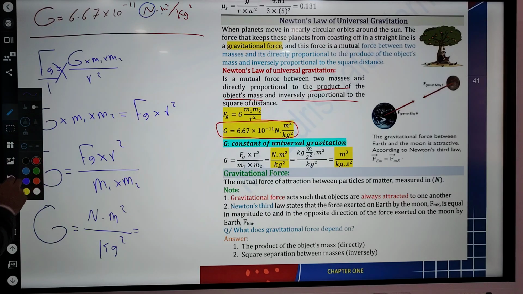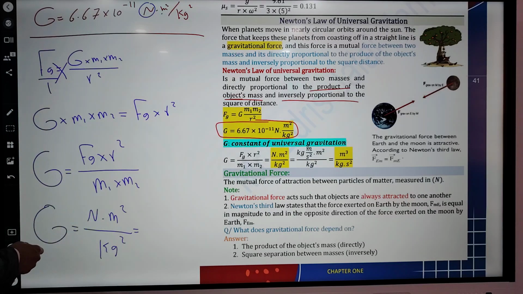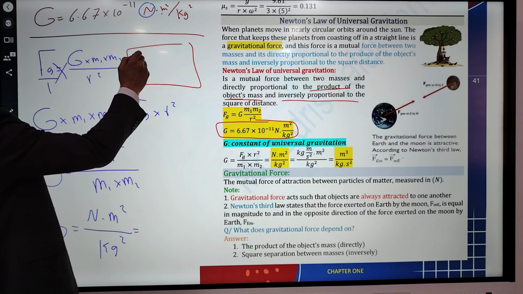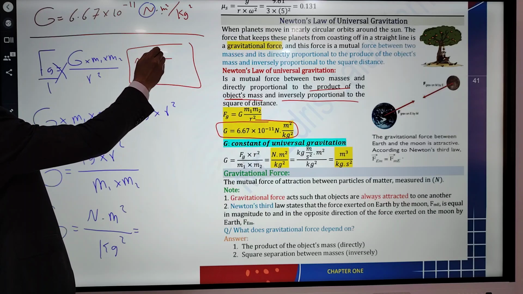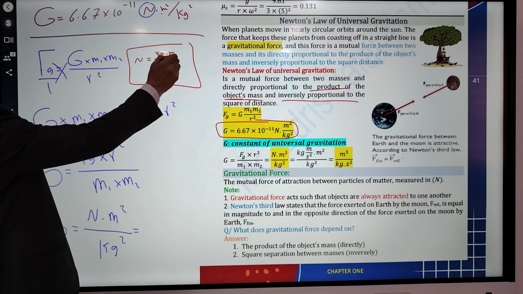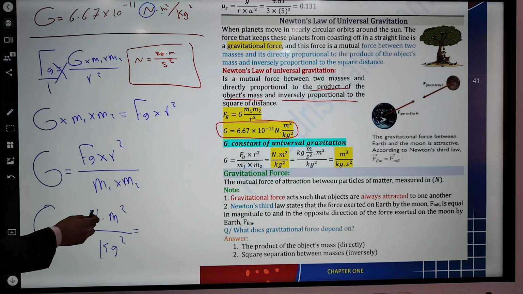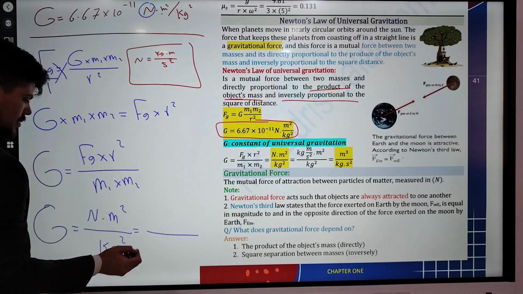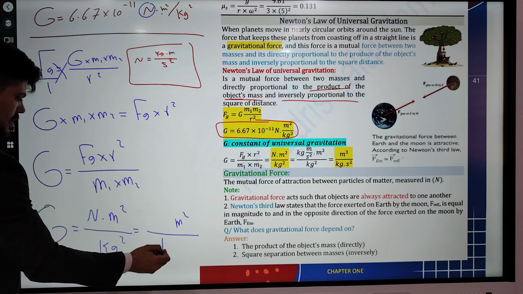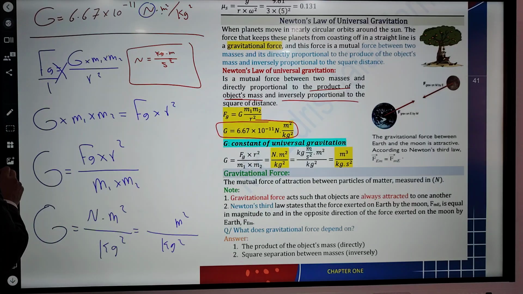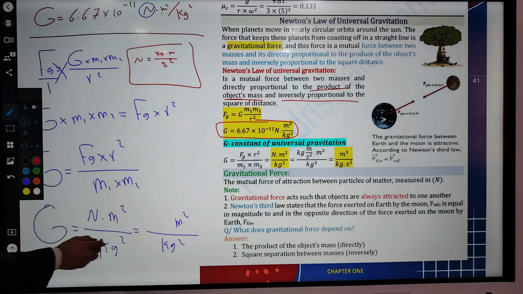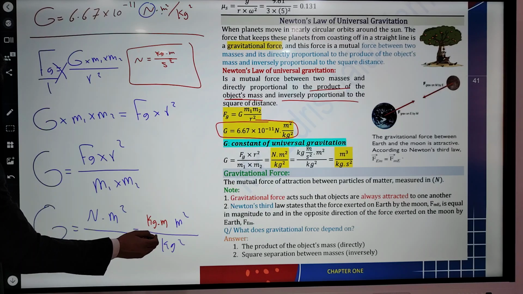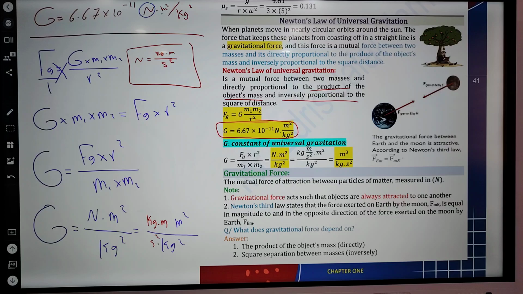Also, you can write another unit for the universal constant. Newton is equal to kilogram meter per second squared. Instead of Newton, write kilogram meter per second squared.